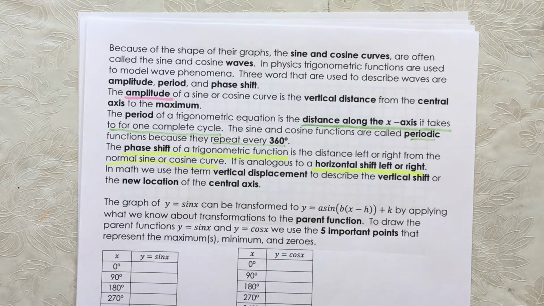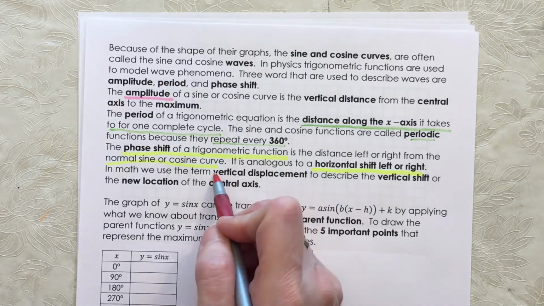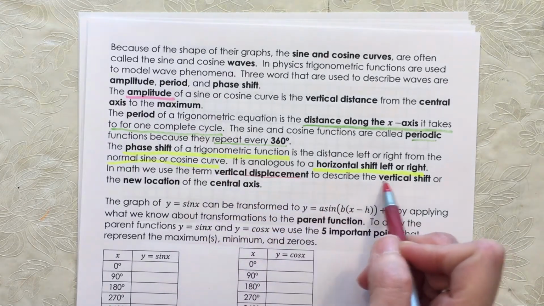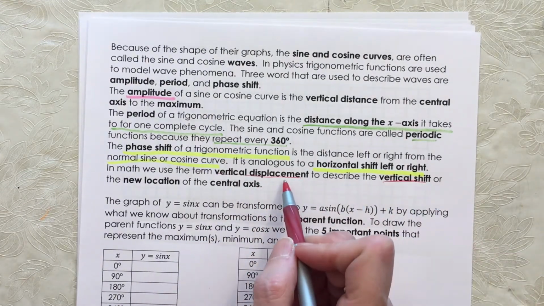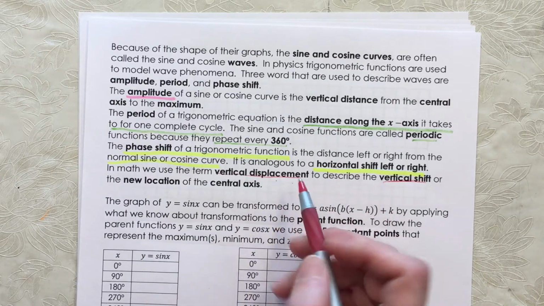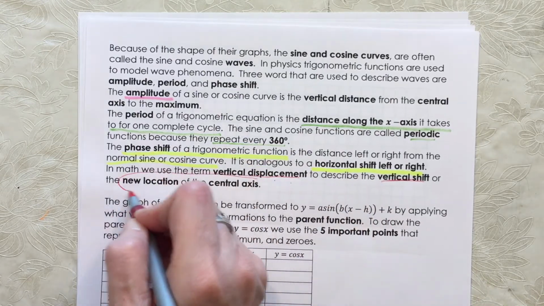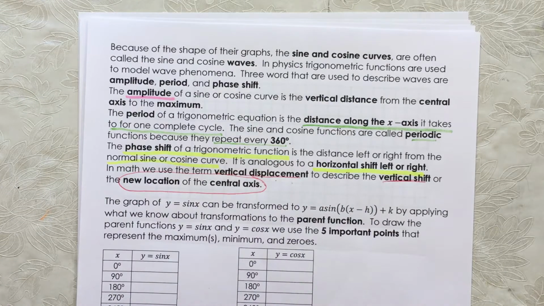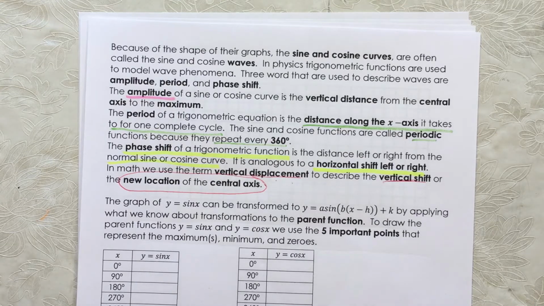And the term vertical displacement is used for vertical shifts. So instead of calling it a vertical shift, the word is vertical displacement. Okay, and then also it's important to know that the vertical displacement is going to end up being the new location of your central axis. That's an important thing to know as well.